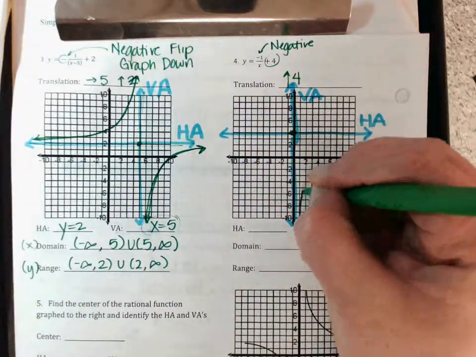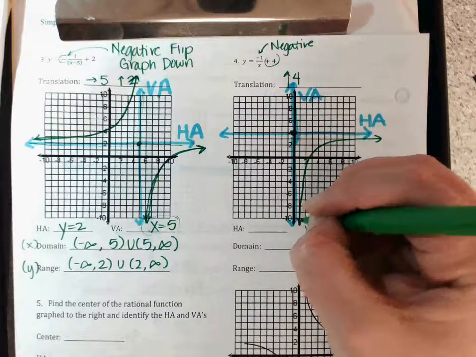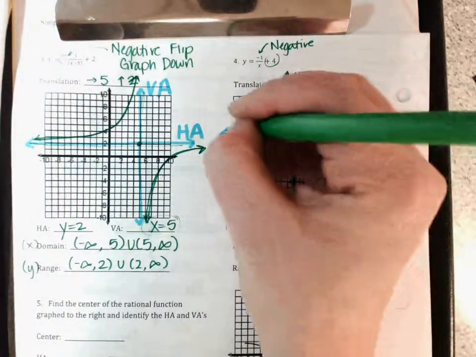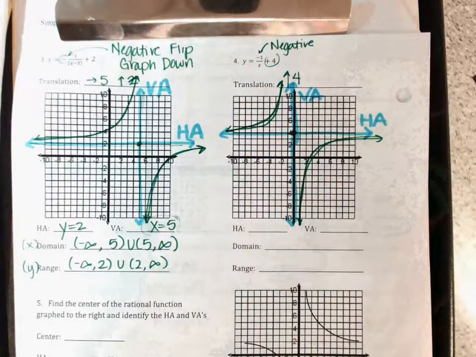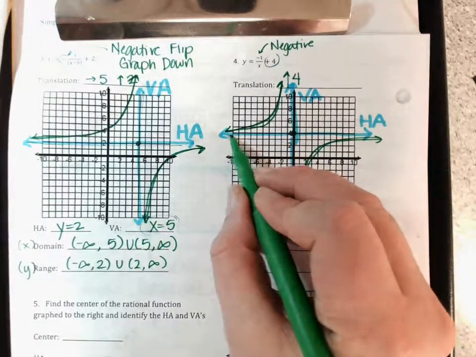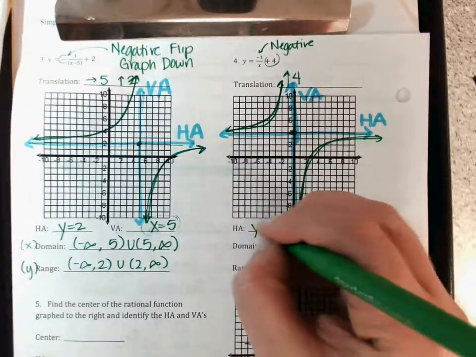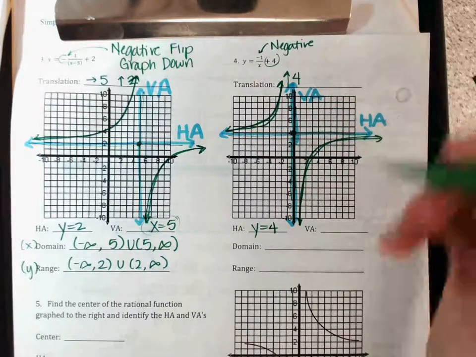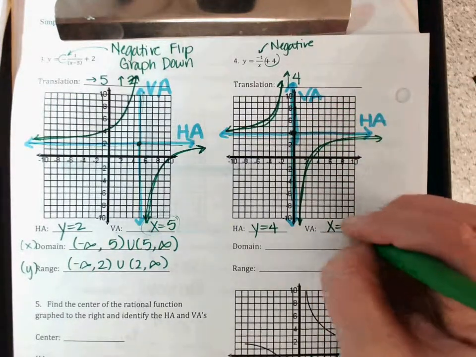So I'll have one down here and then I'll have 1 up here. Okay. Then from there, my HA is at y equals 4. And my VA, since I kept it right here in the middle, that's going to count as x equals 0.